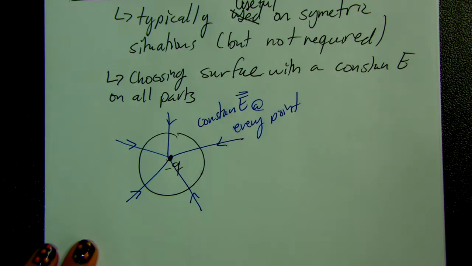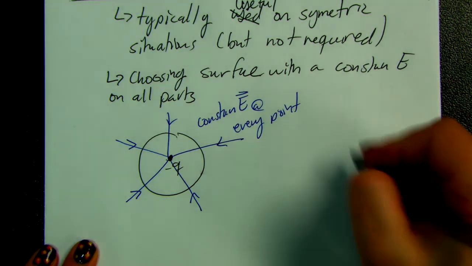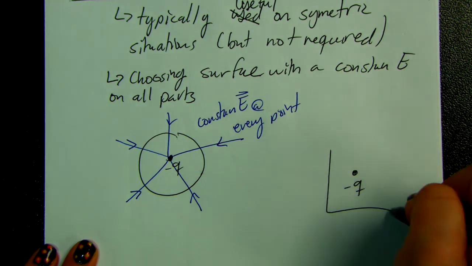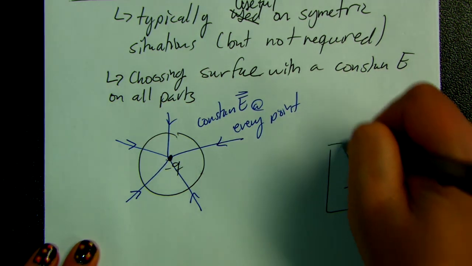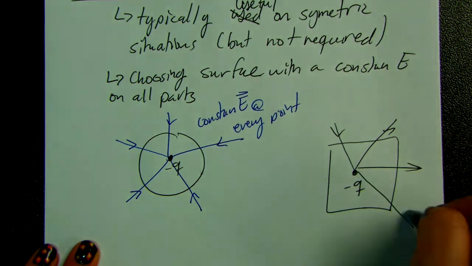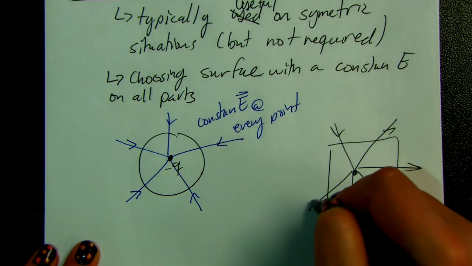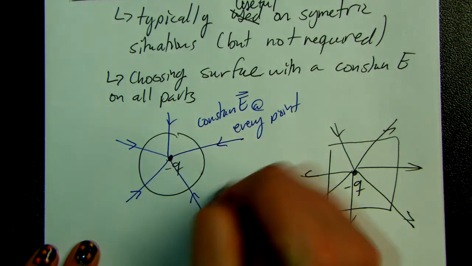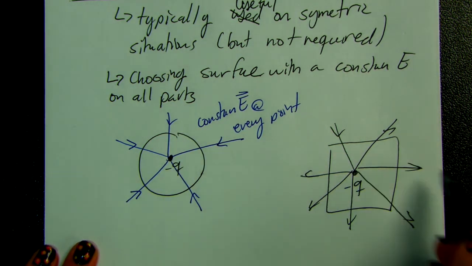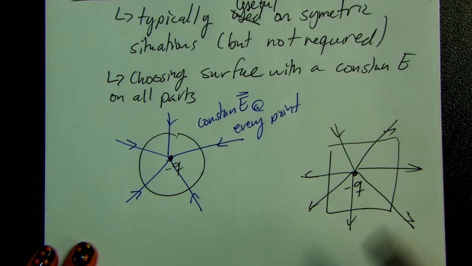However, if we were to take the same negative charge and enclose it now in a box, we'd see this is not the case. Here you have the same radius all the way around. Here you've got the diagonal, you've got the horizontal, you've got the vertical.